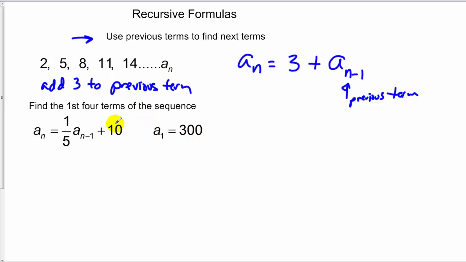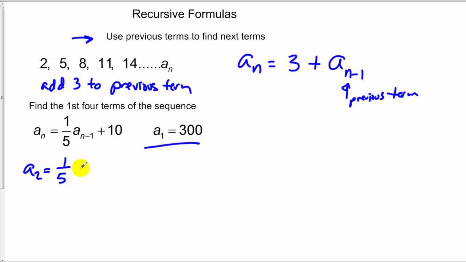So now if I want to generate my first 4 terms of the sequence, the caveat is that you're given that first term so you can generate the ones after it. So if I want my first term, which I know is 300, and I'm trying to get my second term, then this says 1/5 times my previous term.